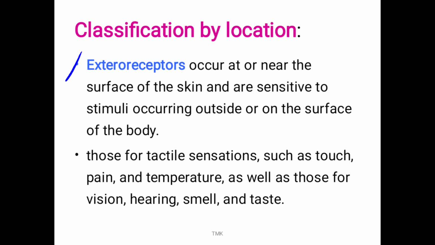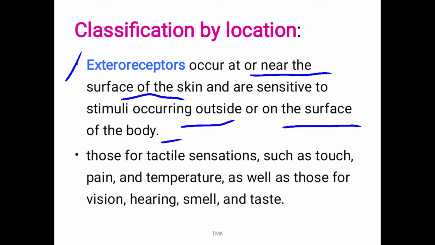Exteroreceptors monitor changes in the external environment, such as light, temperature, pressure, etc. That means these exteroreceptors are situated near the surface of the skin and are sensitive to environmental stimuli outside, on the surface of the body.